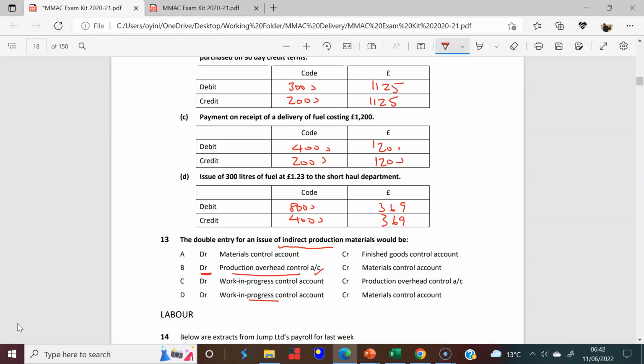So whatever you have, you would come out of the materials control account and put it into the production overhead account. Separate clearly this expense clearly as a production overhead, if you like. So your answer there is B. You debit production overhead control account and you credit the materials control account.